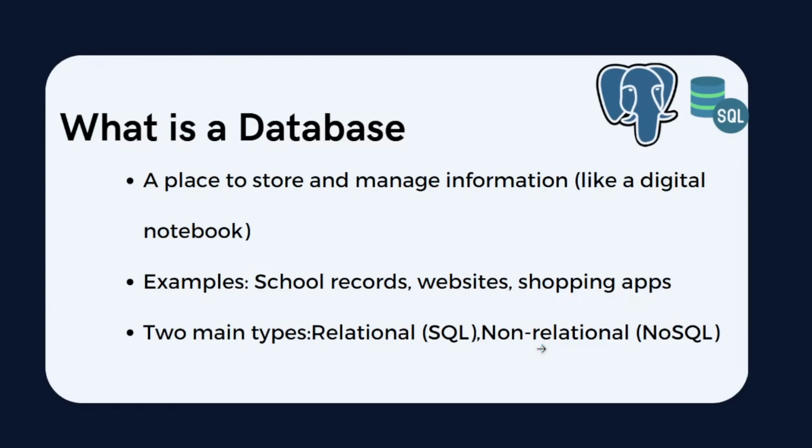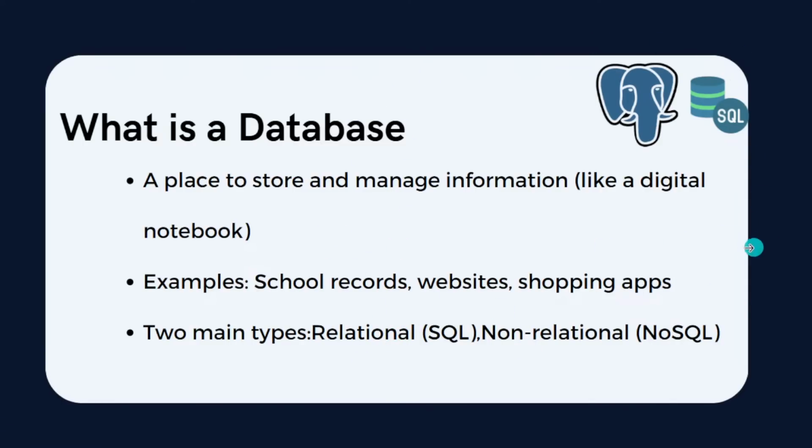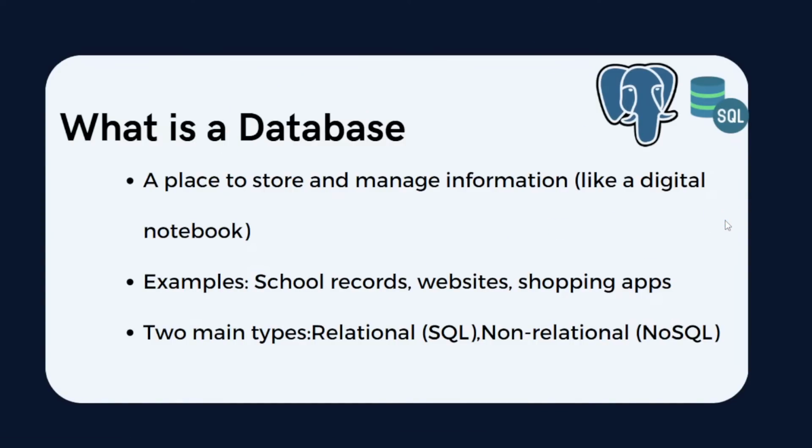Now we understand what a database is, and we also see the two main types of database: relational and non-relational. The relational database stores the data in table format. Why do we store data in table format?